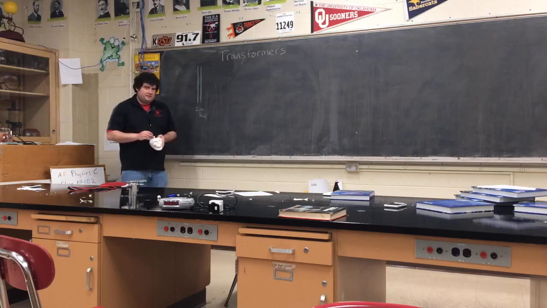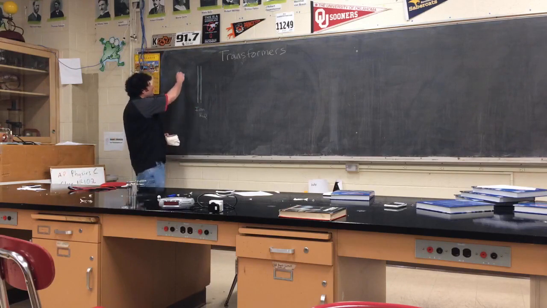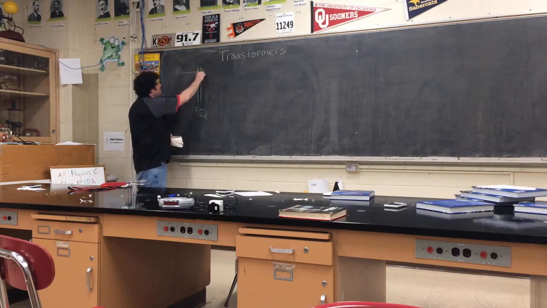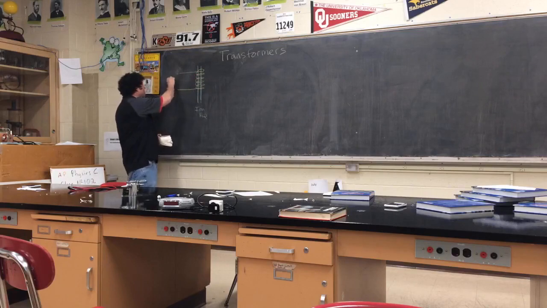At its most basic, a transformer consists of a metal rod, in this case iron, a coil of wire that comes in and is hooked up to an alternating source.